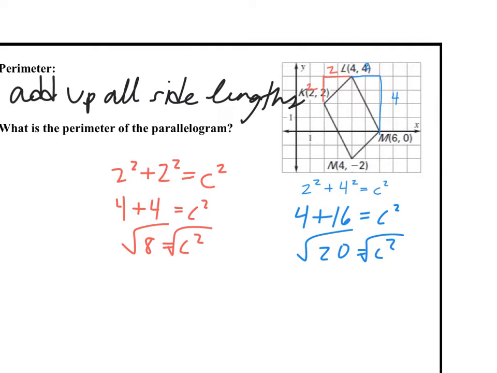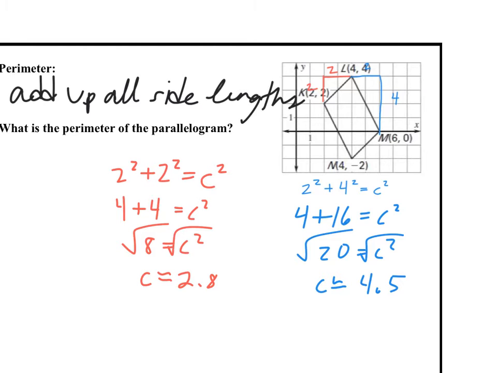What did you get? 2.8. The square root of 8 is approximately 2.8. What's the square root of 20? 4.5, round it up. I know it's 4.47, you have to round it up to 4.5. So add up all the sides. You have 2 side lengths that are 4.5, and you have 2 that are 2.8.